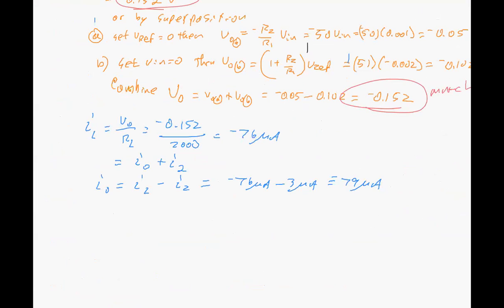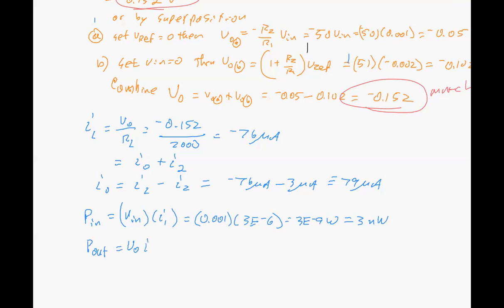So then we could do some powers. The input power is Vn times I1, ignoring VREF, and there wouldn't be anything there anyway. So we have 0.001 volts times 3 microamps, where we have an input power of 3e to the minus 9 watts, or 3 nanowatts. And I'll just do it quick here. The output power is V out times I out.